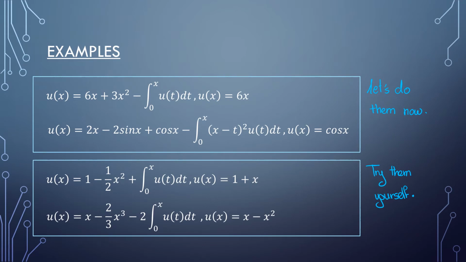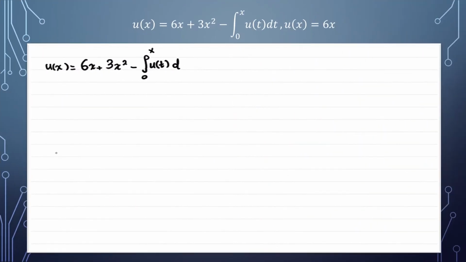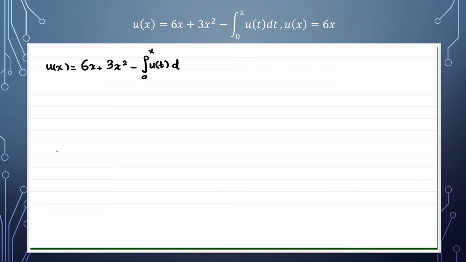These are the examples that I have prepared. Let's do the first two and you do the rest. This is the first example. Of course, we are using the noise term phenomena, so we will use the same steps of the Adomian Decomposition Method.